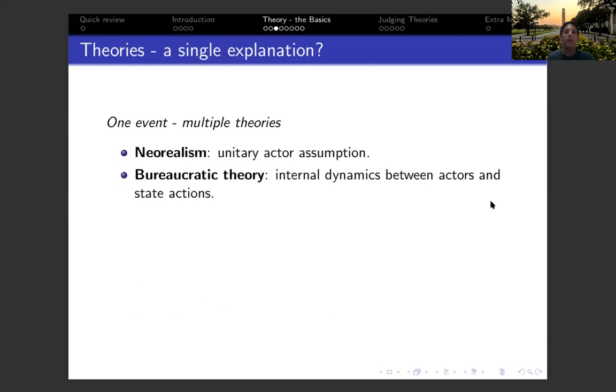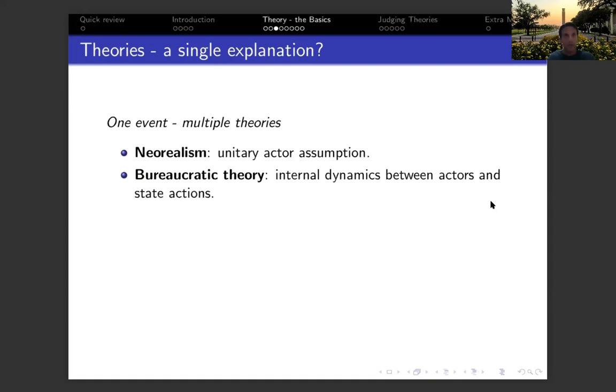Even if there are internal conflicts between different decision makers, for example, between the president and the Secretary of State or the Secretary of Defense or the head of the FBI or the director of the CIA or the head of the Joint Chiefs, if there are any kind of conflicts of opinion between those decision makers, those conflicts never influence the way that states behave in the international system. So according to neorealism, states behave as one actor. So there's no place for those conflicts of opinion.